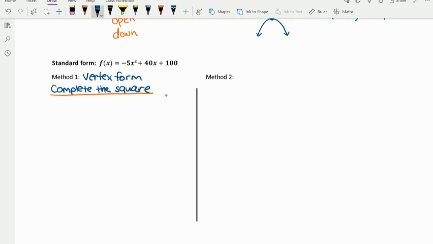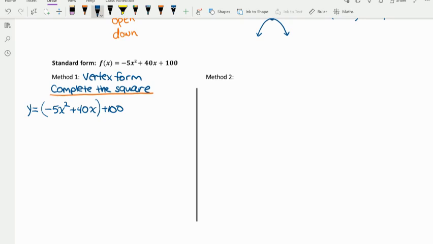So it's important for you to know how to do this process. So first things first, you're going to take the first two terms. So negative 5x squared plus 40x plus 100. Take the first two terms.